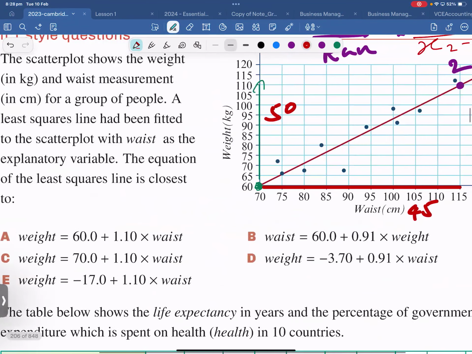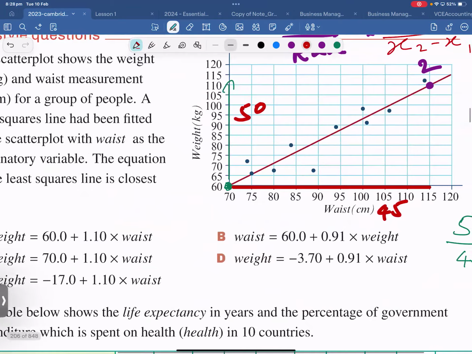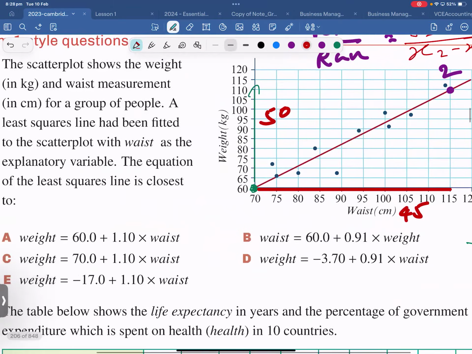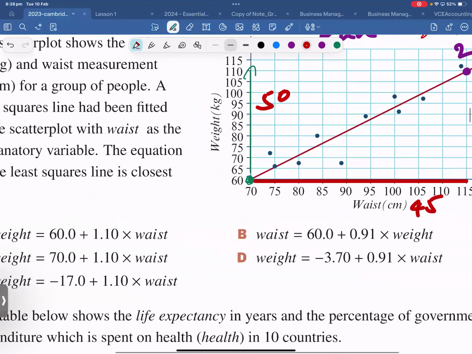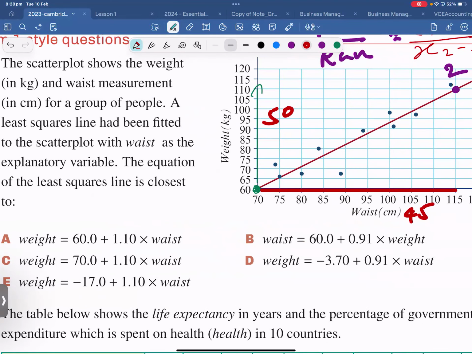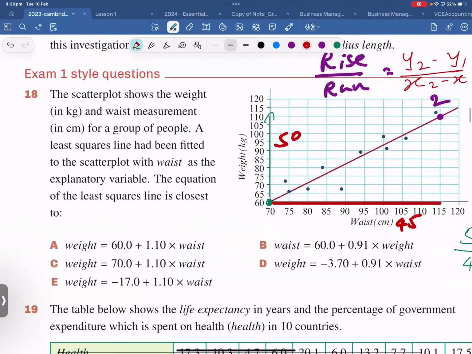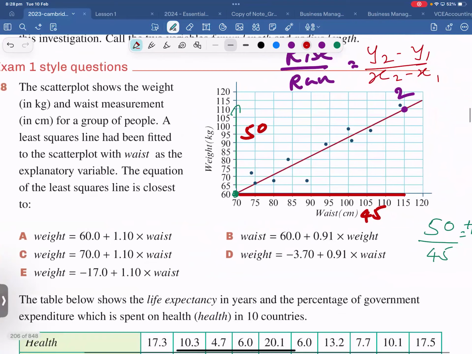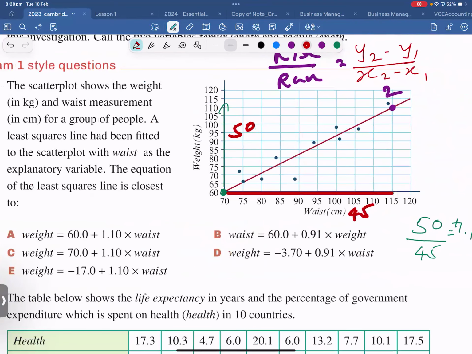Then the other problem is we have to find the intercept. If you want, you can find this intercept. How would you find the intercept, guys? Yes, Maha, how would you find the intercept? This is year 9 and 10 maths. This one you should have done. Y-intercept, how do you find it?